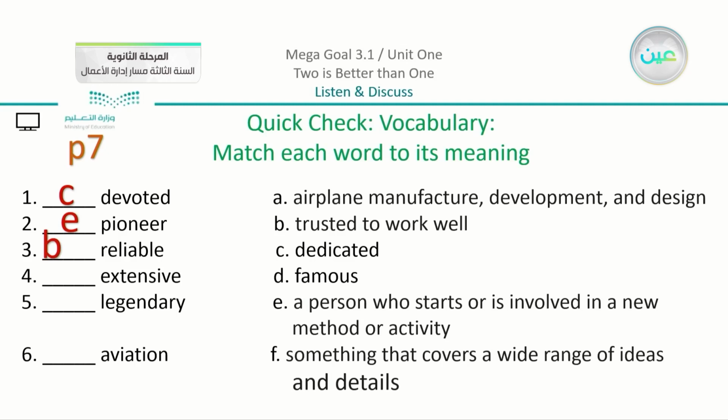It can be used for a person or a thing. Extensive. As we mentioned, something that covers a wide range of ideas or details. Legendary, which means famous. Aviation, of course, is related to airplane manufacture, development, and design.